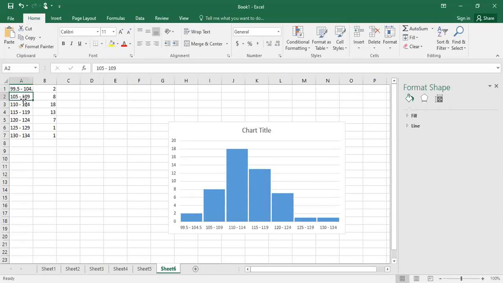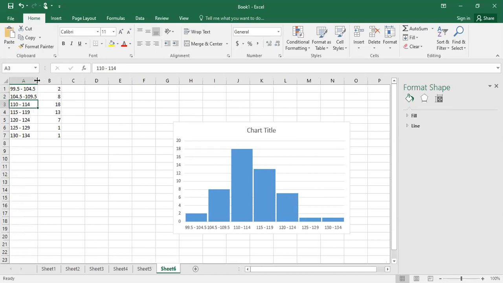I'm sorry, class boundaries. So if I was writing class boundaries, that is what we are going to get. Here we will have 104.5 to 109.5. So depending on what we are using, that is what we are going to see on the x-axis.